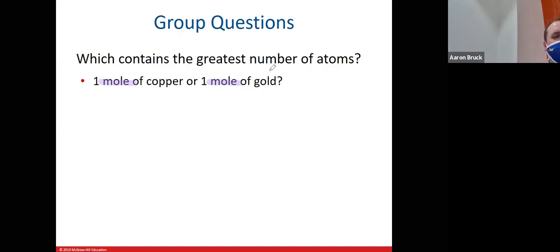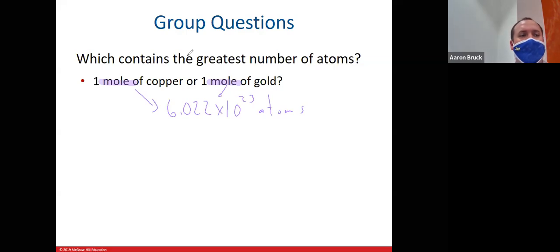A mole of each would both contain 6.022 times 10 to the 23rd atoms. So in that case, they would both be the same. We have a mole of each of them, which means we have the same number of particles of each of them.